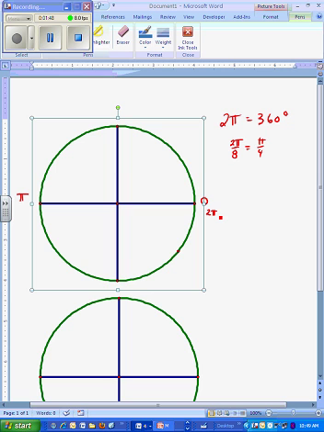Now the unit circle has a radius of 1. That's why we call it the unit circle. And with that situation, when the arc length on the outside of the circle is equal to the radius, then the sweeping out inside of our angle would be 1 radian in measurement.